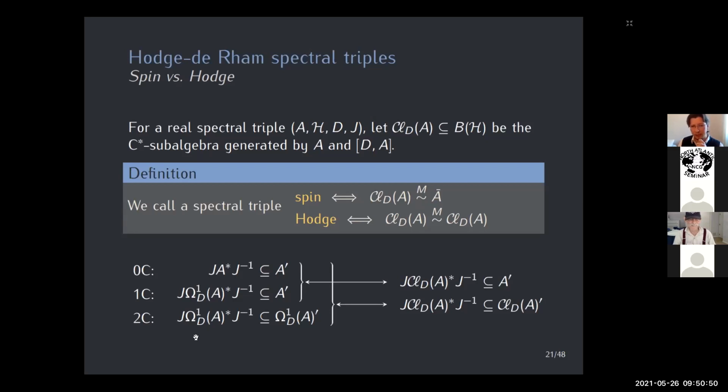And it so happens that if these three conditions, the zeroth, first, and second order conditions, all hold, which is in fact true for the finite part of the standard model spectral triple, you have this inclusion here, which basically says that the real structure takes the Clifford algebra to its own commutant. And it's when this inclusion becomes an isomorphism that the Hodge condition is satisfied. So I hope that gives some clarification to my somewhat vague definition box.